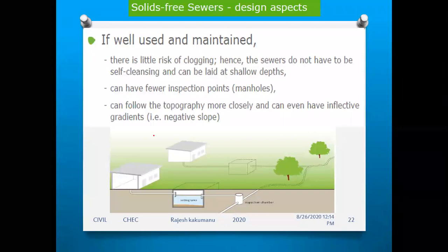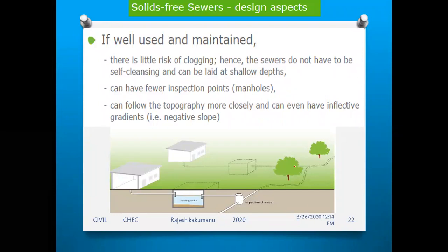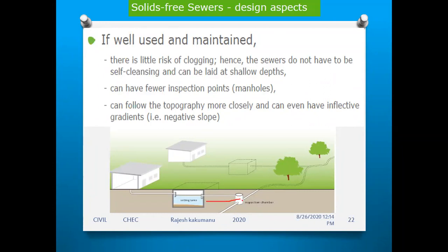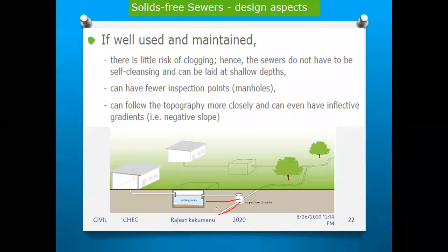See the houses here, how the pipelines are laid and passing to the different plants where the solid particles are settled at settling tanks, and the other water is passing to the inspection chamber, and the balance water is passing to the environment. In this style, the solid free sewers are used.